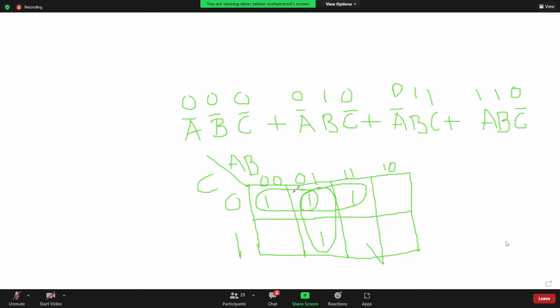We can overlap these two ones and these two ones. So we are making three groups. For this group of two ones, what will be the expression?